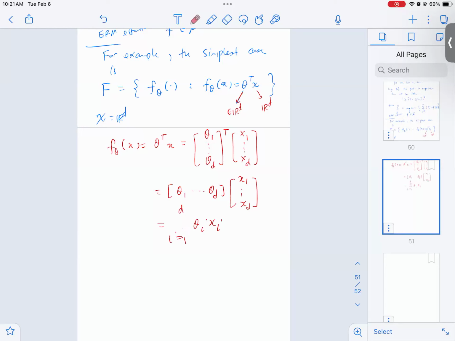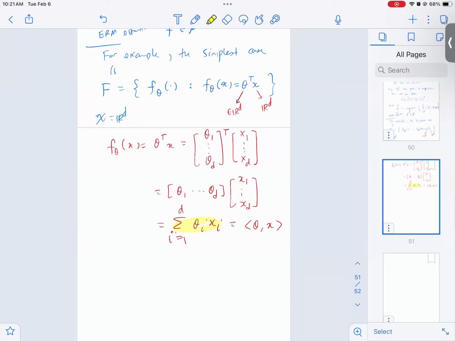Another way of writing this is just the inner product. These are all different notations. So it's the usual inner product between theta and x, which I write as theta transpose x. If you write it like this, you can immediately see it's linear. It's basically a linear combination of the components, with each of these parameters theta.